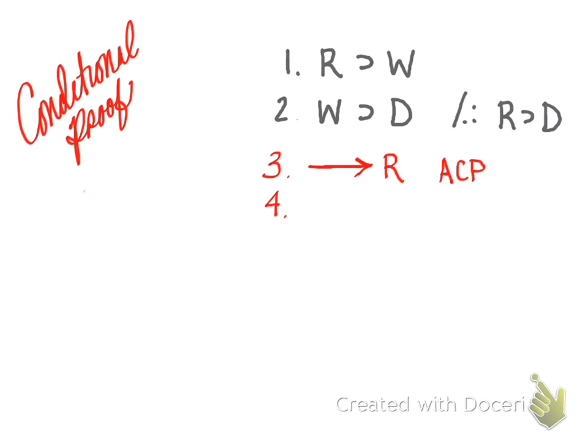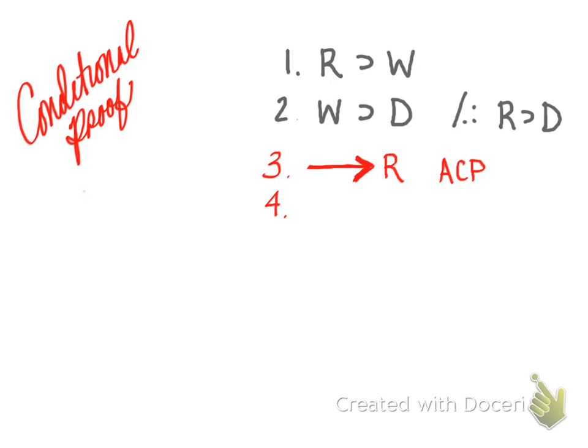So I'm tentatively adding this as an additional line to my proof, but I'm marking it off as noting that it's merely an assumption at this point. So if this is a new line in my proof, I have a conditional on line 1, and my assumption is the antecedent of that conditional.